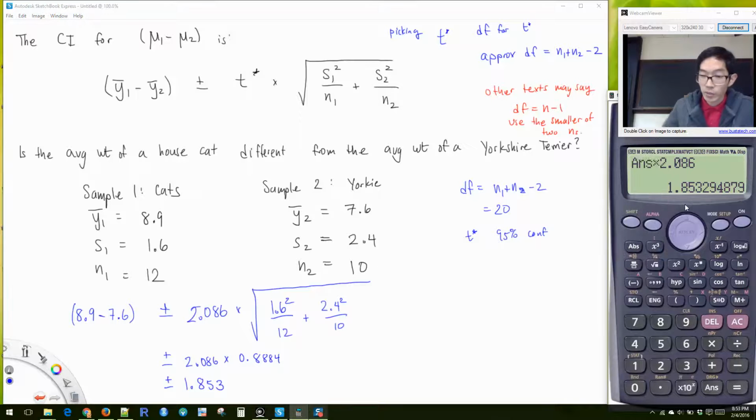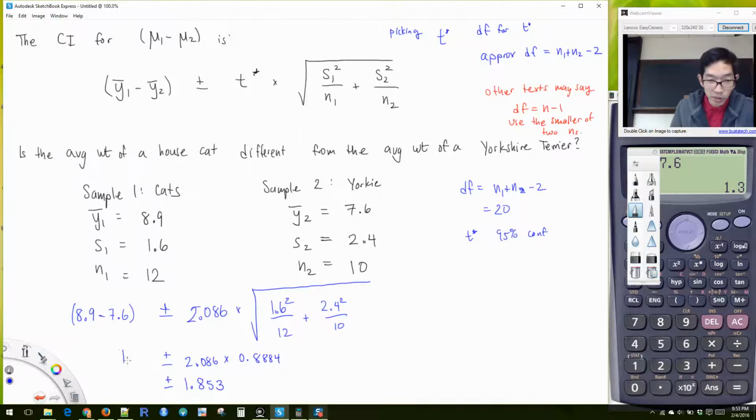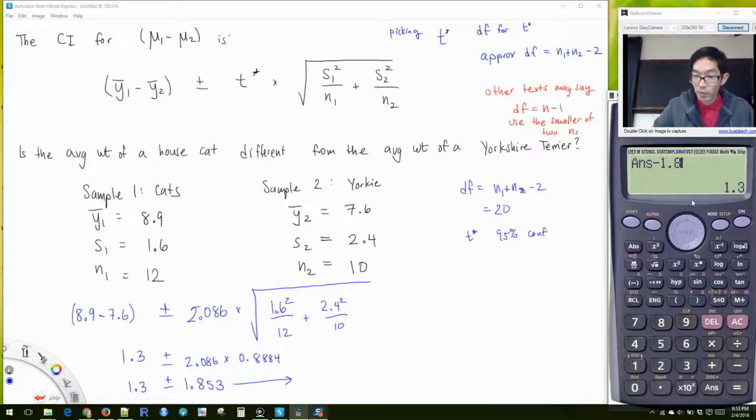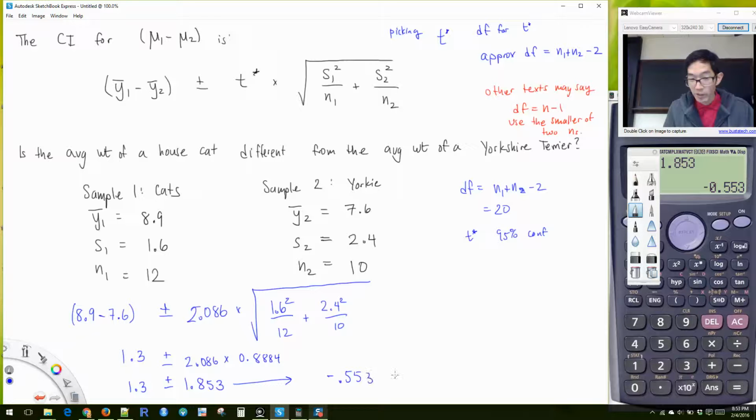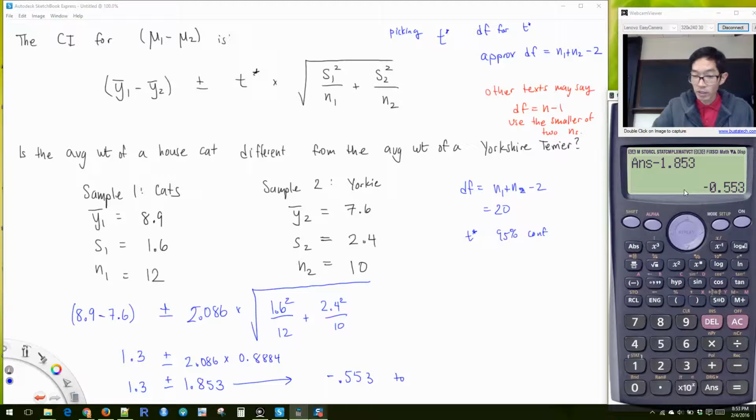8.9 minus 7.6 is 1.3. So I have 1.3 plus or minus 1.853. 1.3 minus 1.853 gives me negative 0.553, and on the other end I get 3.153.